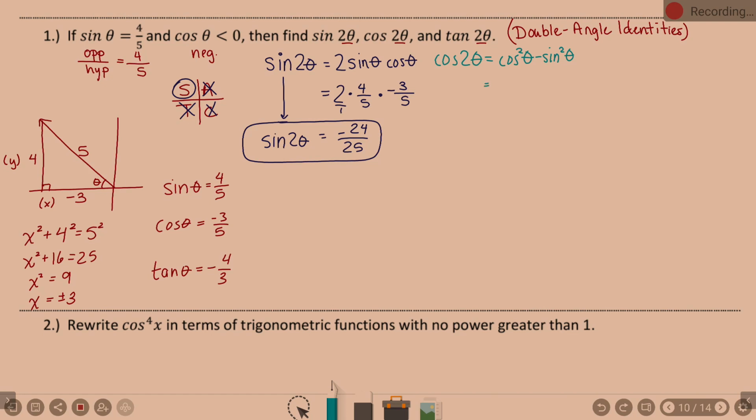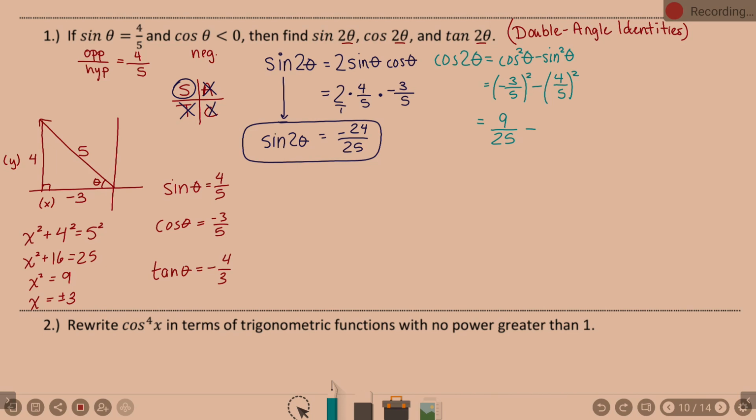What is cosine? So we're going to do negative 3/5 quantity squared minus, what is sine? 4/5. So 4/5 quantity squared. Negative 3/5 quantity squared, what does that become? Let's square them, not double them.